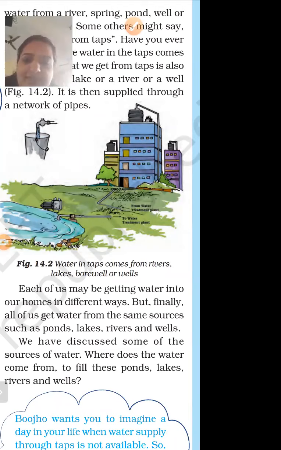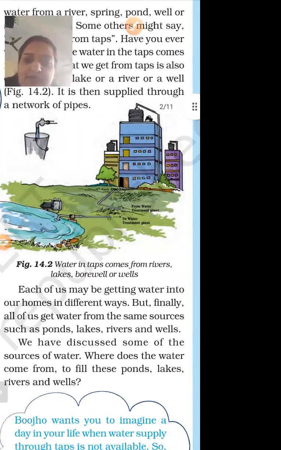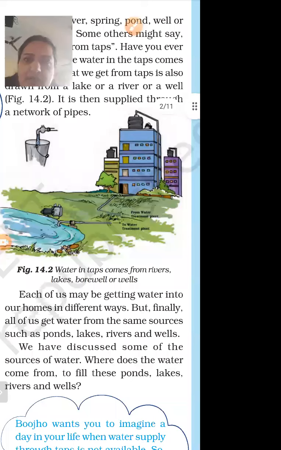Bhujo wants you to imagine a day in your life when water supply to the taps is not available and you have to fetch it yourself from a faraway place. Would you use the same amount of water as on any other day?